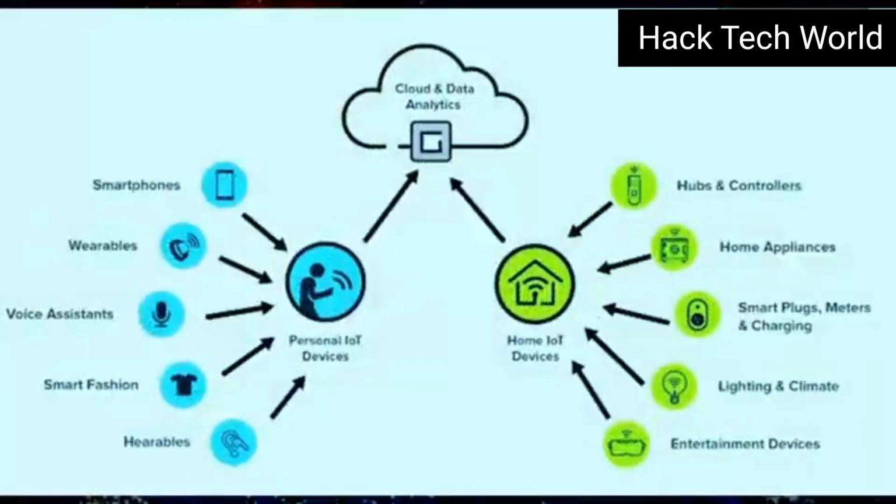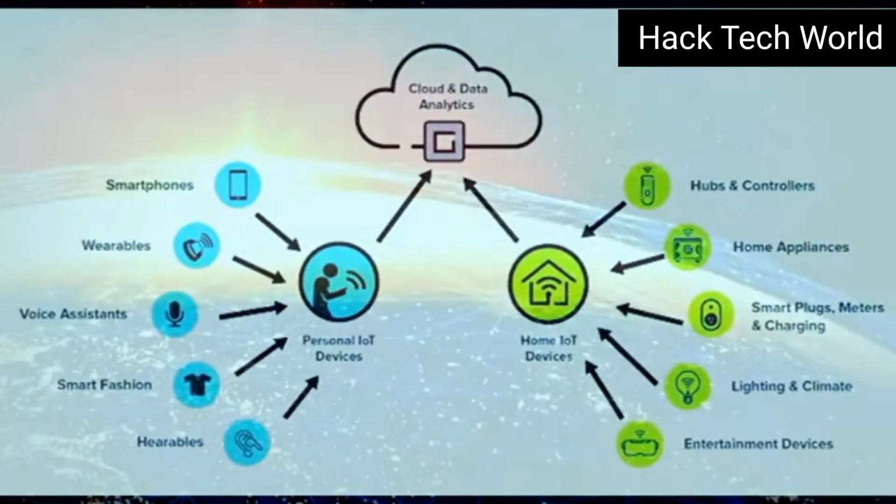Our personal devices such as smartphones, wearables, voice assistants, smart vision, hearables, and our home smart devices such as hubs and controllers, home appliances such as smart washing machines, smart plugs, meters, smart charging, smart lighting and climate, and smart entertainment devices all collect data and send the data to the main server. So the main server can analyze the data and send it back to the machine for working more efficiently and for the machine to be in good health condition.